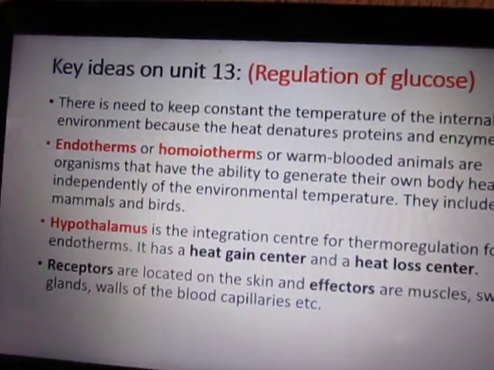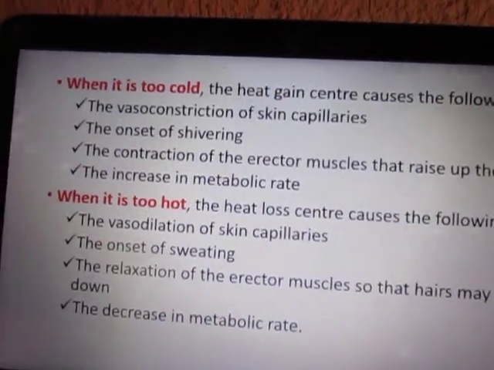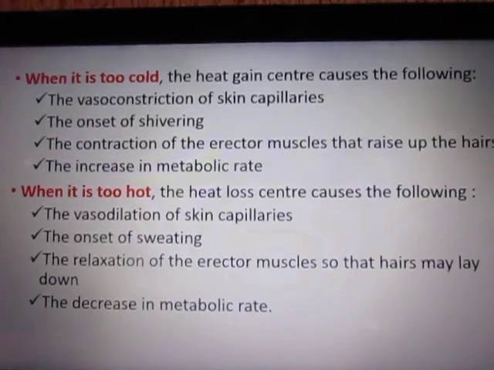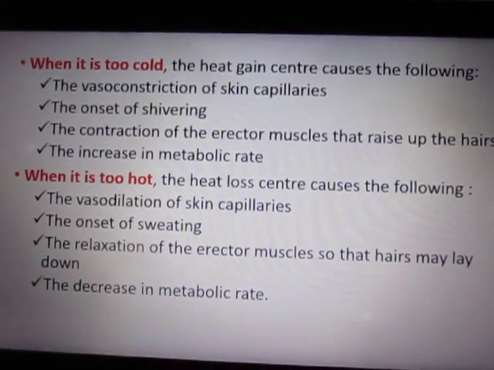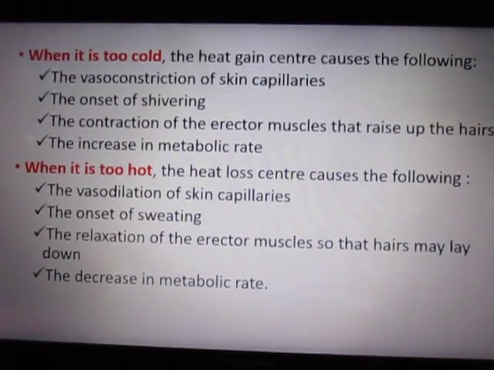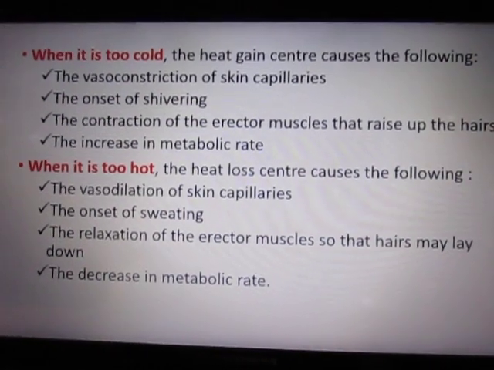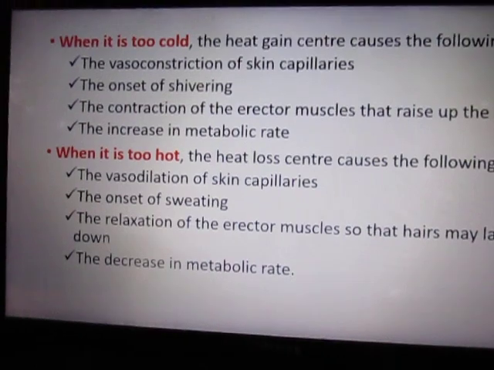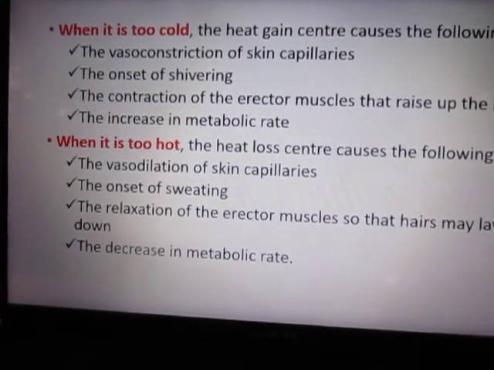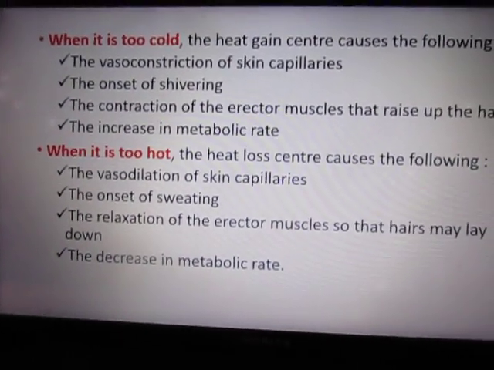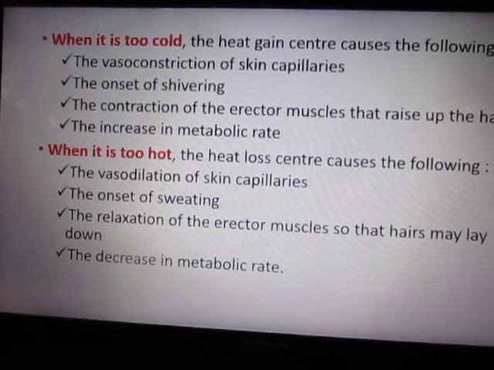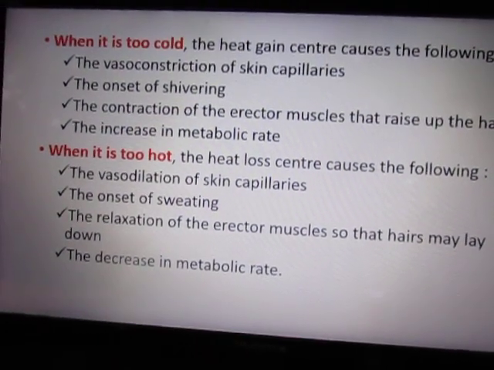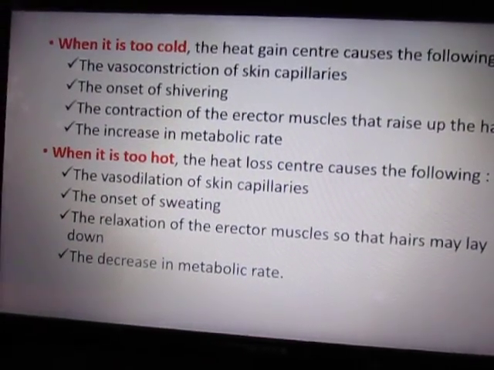So what happens when it is too cold? The heat gain center will cause vasoconstriction. What is meant by vasoconstriction? Vasoconstriction means a narrowing of the blood capillaries.